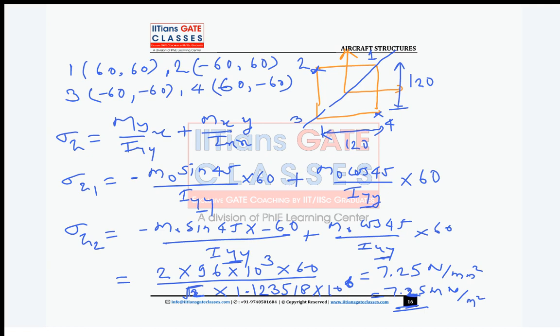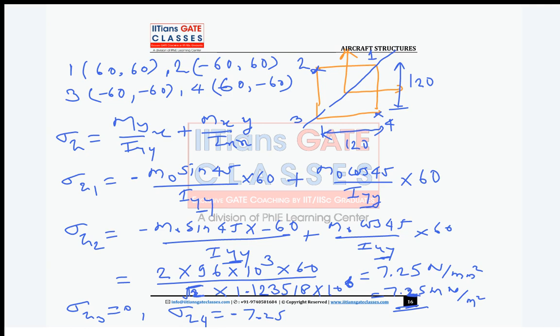Now you guys can check sigma Z3, again it will come 0, and if you check sigma Z4, what will it come? Can anyone guess without writing? What will be sigma z4? It will be minus 7.25.